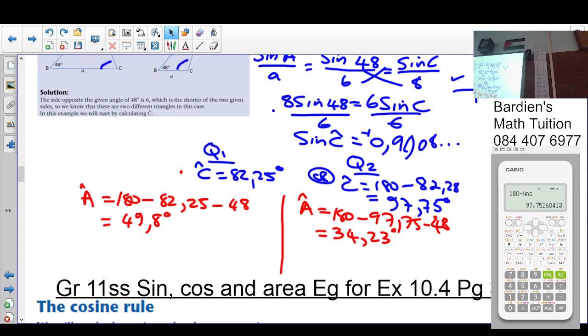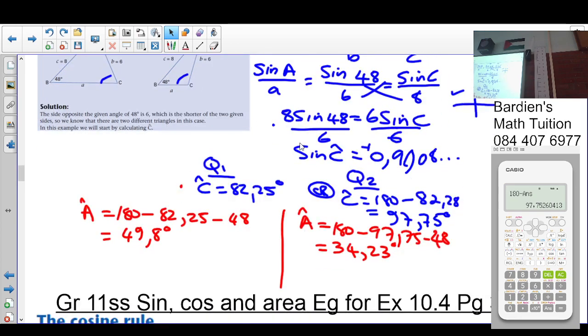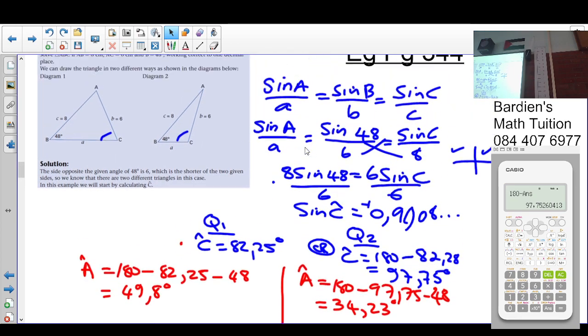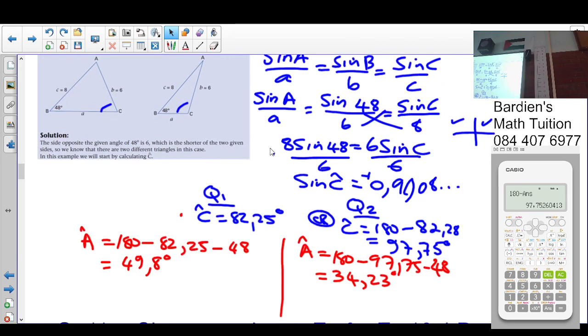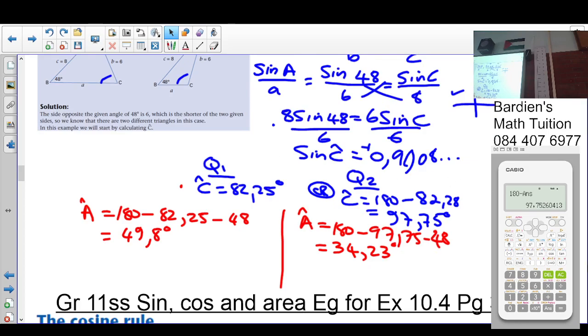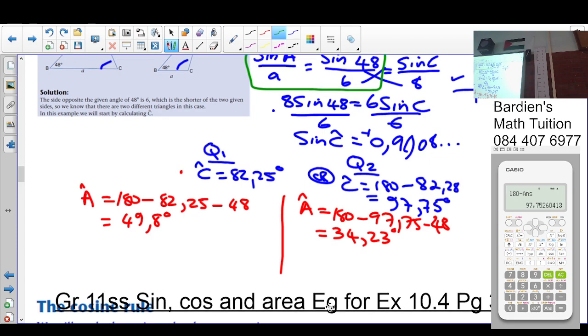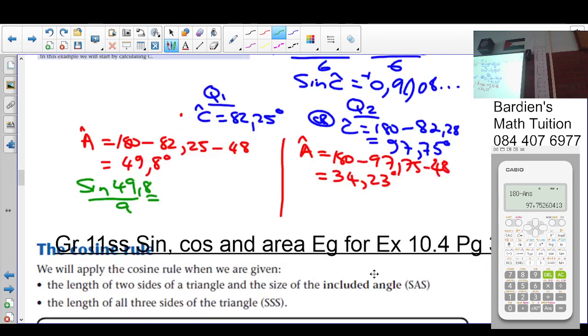Have I calculated everything at this point? No. What must still be calculated? The side. We've got angle A now, so I can calculate lowercase a. So we say sine of A, which is 49.8, over lowercase a is equal to sine of 48 over 6.